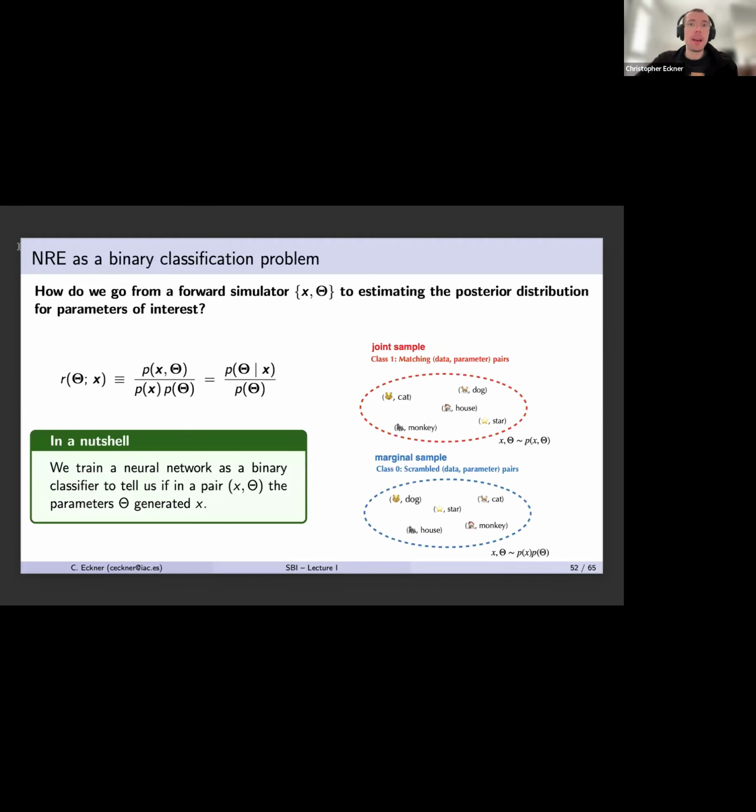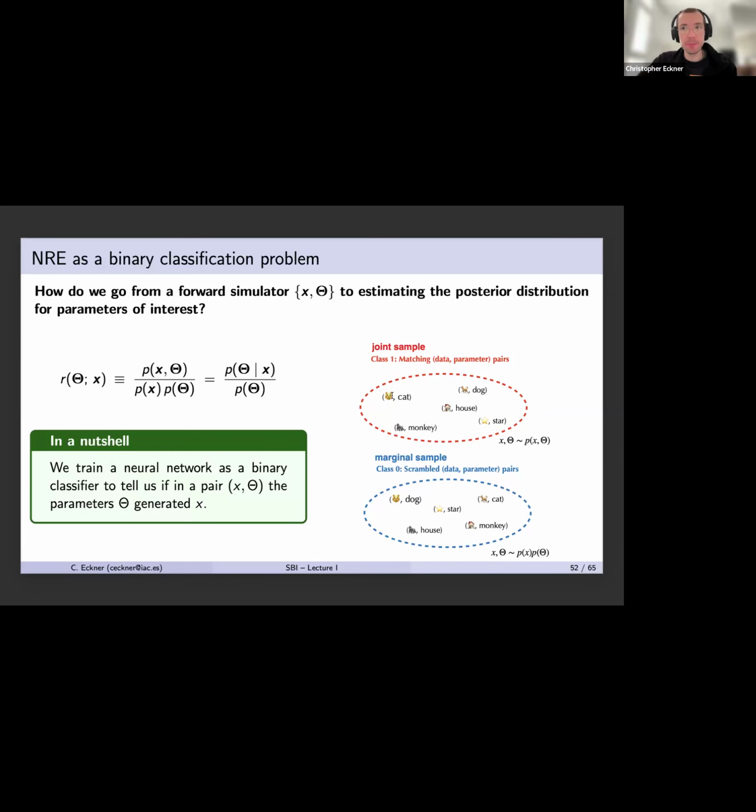Or to make it more visual, how do you do this? Well, if you have any forward simulator which produces pairs drawn from a joint probability density function, x and theta tuples, then we can train a classifier to tell us whether a given set looks like a joint sample, where these data points match with the parameters that label the data sets.